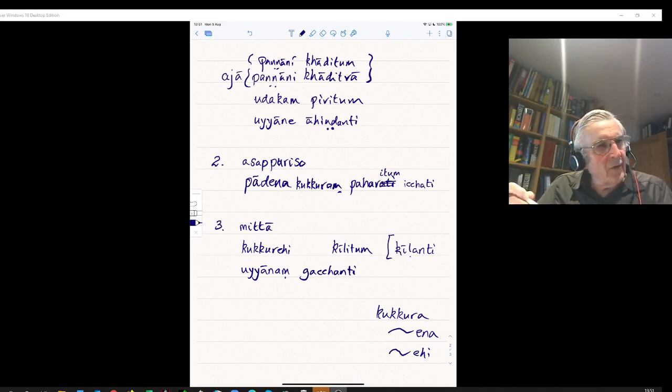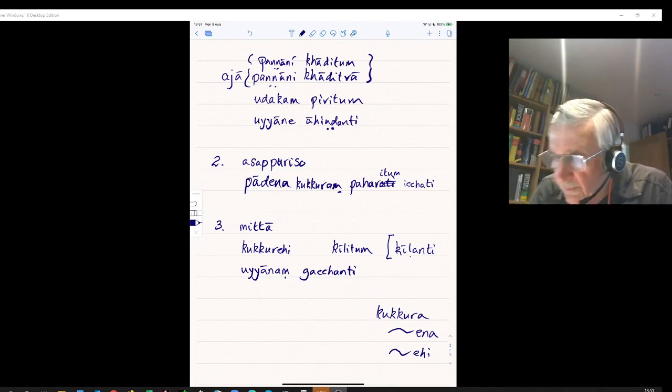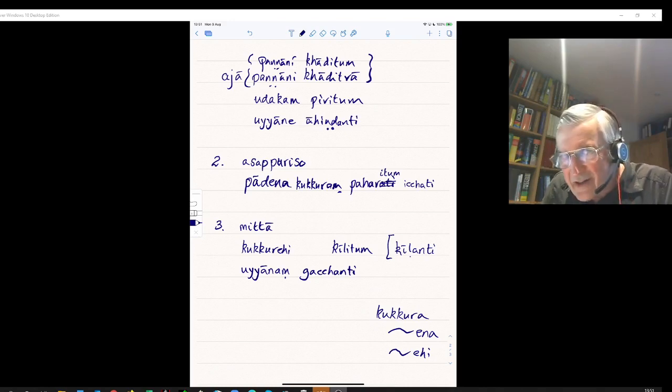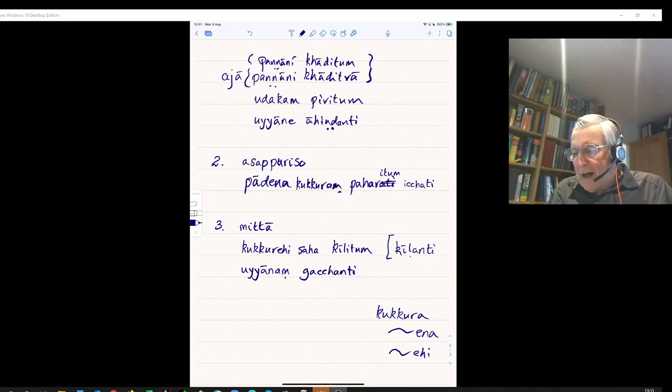But if you're actually having a game with the dog, that the dogs are joining in the game, you'd want to put kukurehisaha, like having a game with them. So, mitta kukurehisaha kilitum uyanam gachanti. So I'll read it once more. Mitta kukurehisaha kilitum uyanam gachanti.